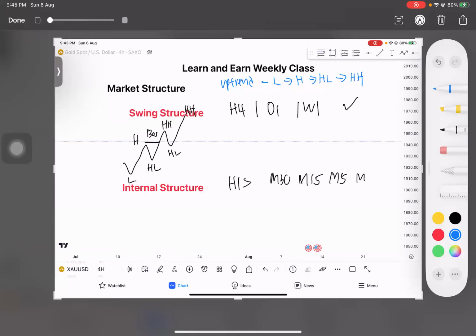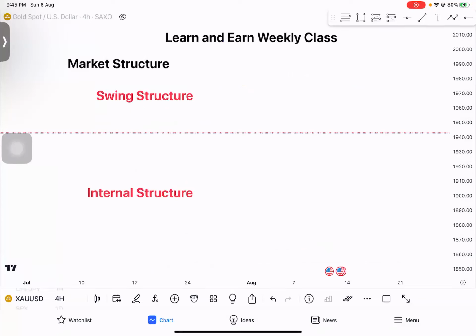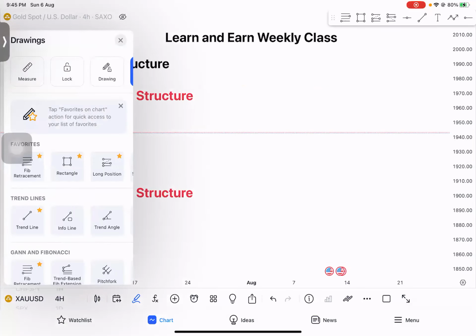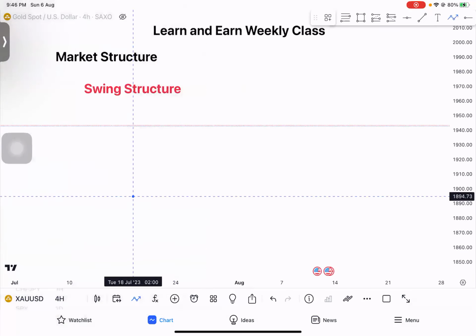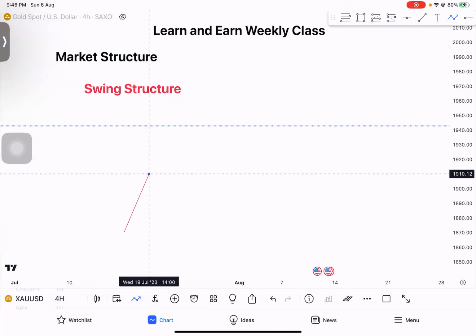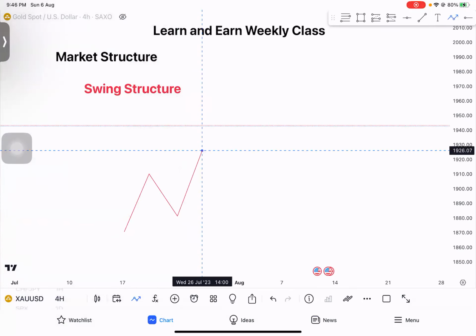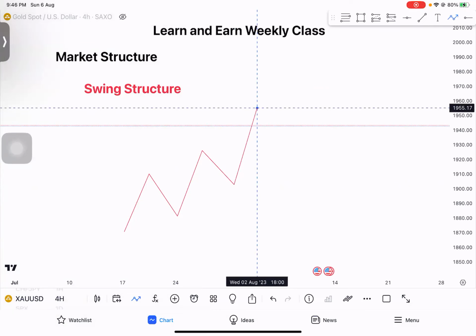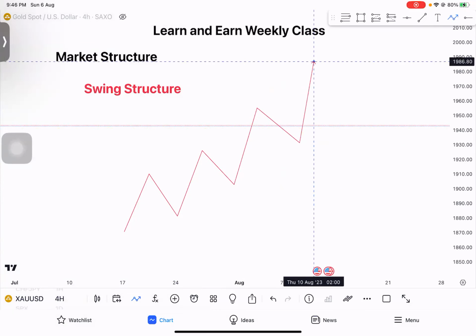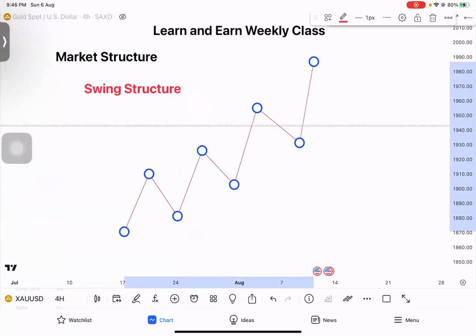In the swing structures, we always have what we call the swing high and also the swing low. I'm just drawing examples for you first. This is an example of an uptrend in the bullish structures.